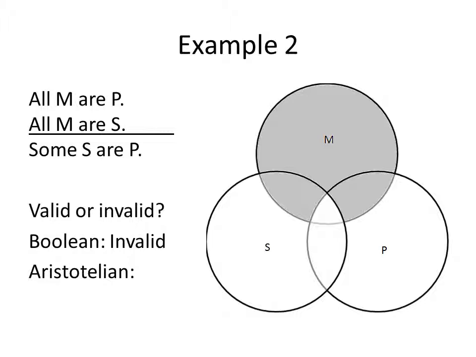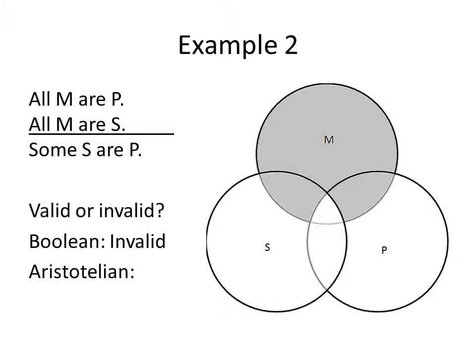That's the M circle in this case. So our condition for whether or not it's valid from the Aristotelian perspective, and not merely conditionally valid, is whether or not there are any things that are M. If there are things that are M, then it's valid from the Aristotelian perspective. If there aren't, it's invalid from the Aristotelian perspective.